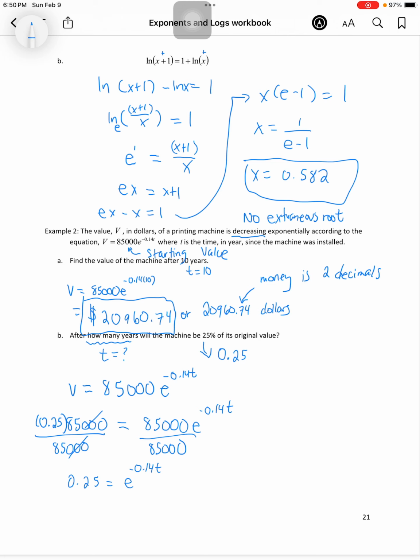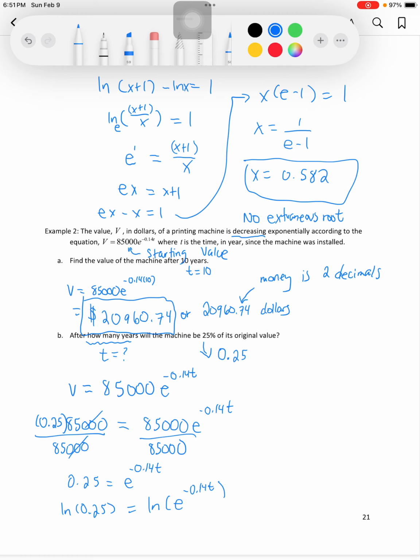So when you're at this stage where you're left with just a single e on one side, now we are going to attach the word ln, because we can now try to move the t to the front. And in order to do that, we need to attach ln to it. So here, ln 0.25 equals ln of e to the negative 0.14 t.